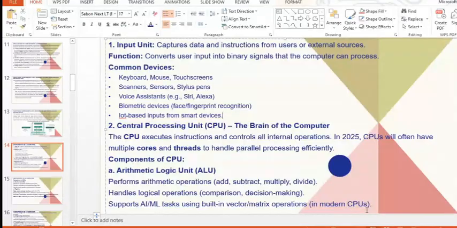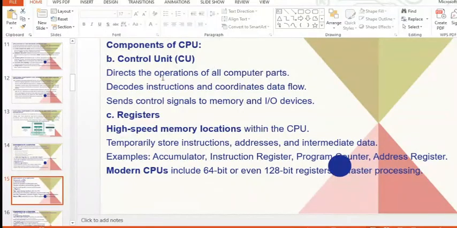The modern CPUs we orchestrate with microcontrollers, embedded in intelligent devices. We have the control unit, which directs the operation of all the computer parts. You are able to decode instructions and also coordinate the data flow. You're able to send control signals to the memory and also the input and output devices.